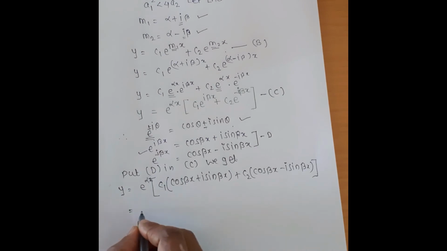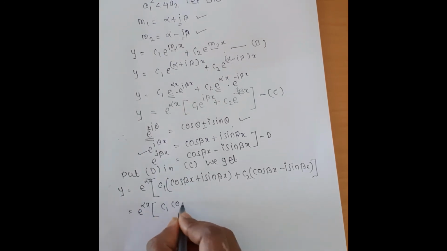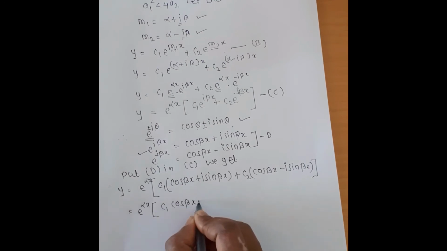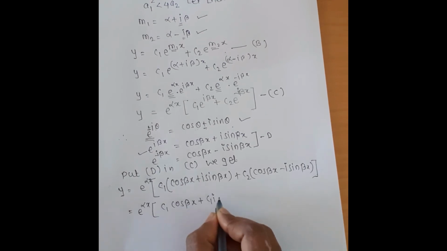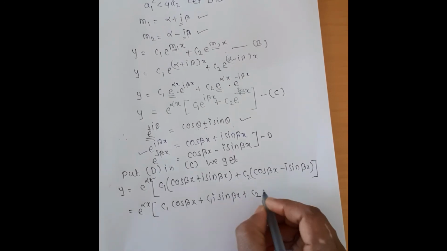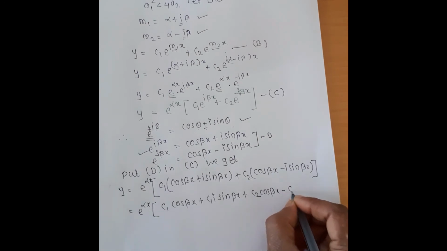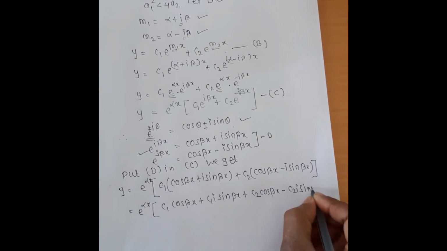Then e raised to alpha x times c1 cos beta x plus c1 i sin beta x plus c2 cos beta x minus c2 i sin beta x.